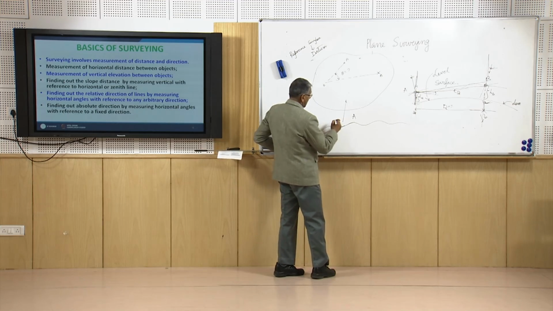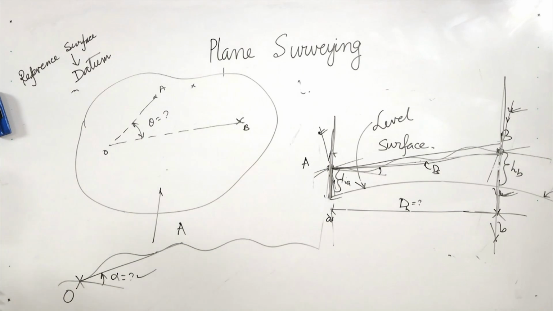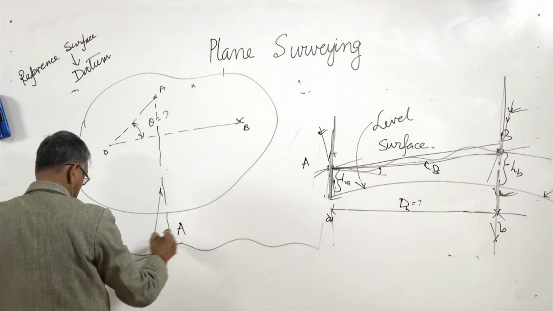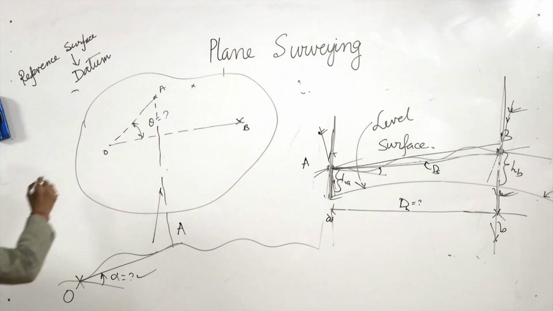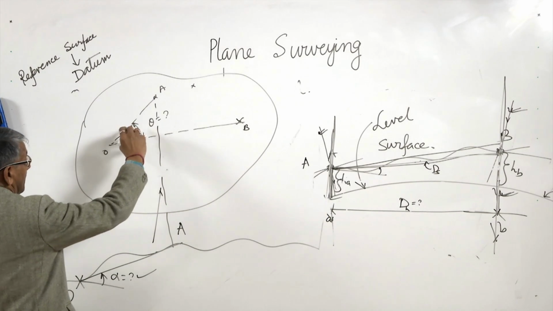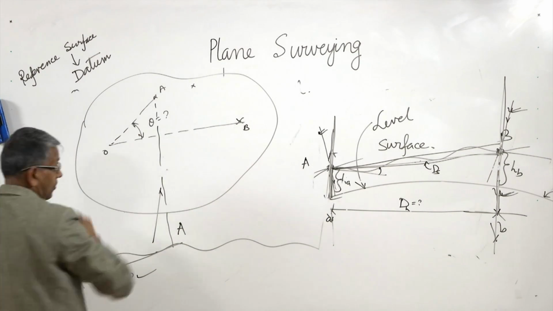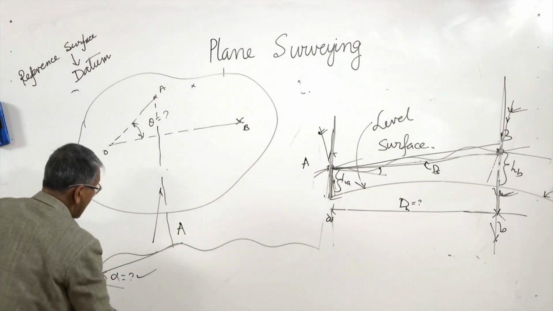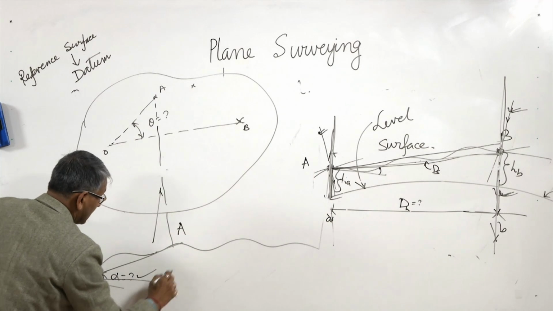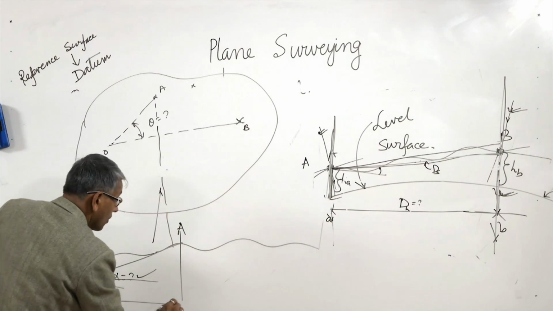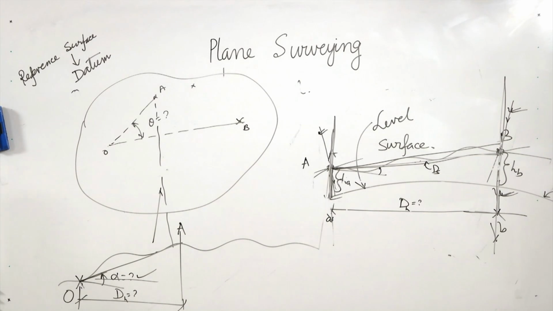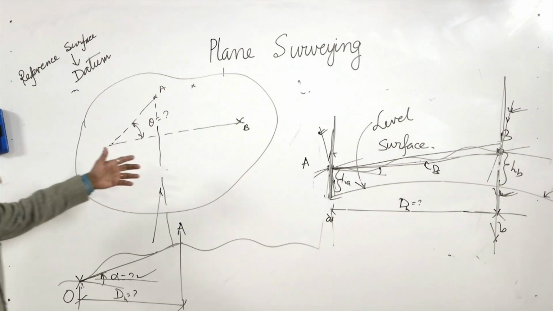So we will be interested to know the vertical angle of A with respect to the station O, then the horizontal angle between A and B with respect to O, then the slope distance between O and A, then the horizontal distance between O and A. These are the things we would like to measure in surveying.